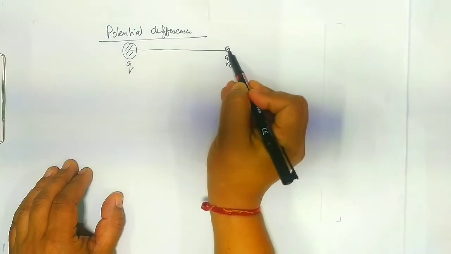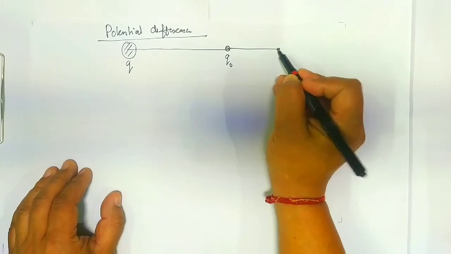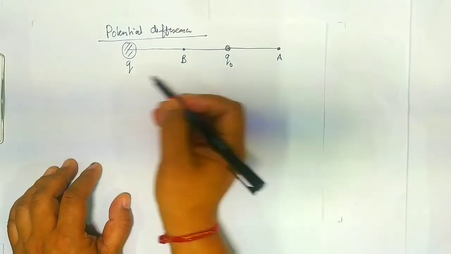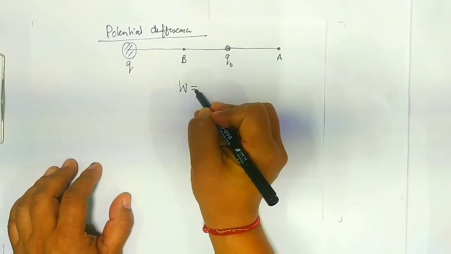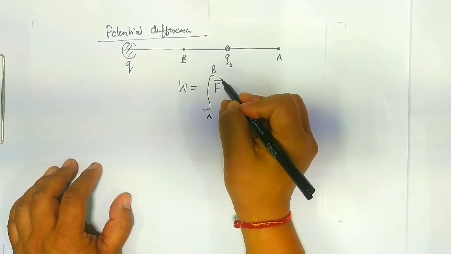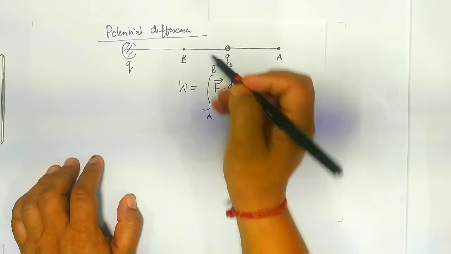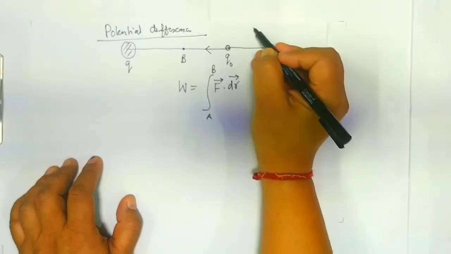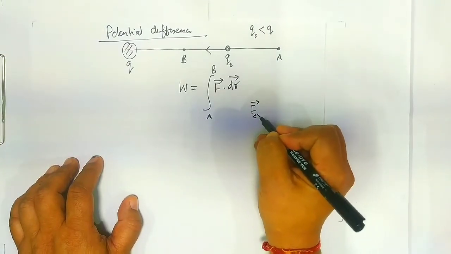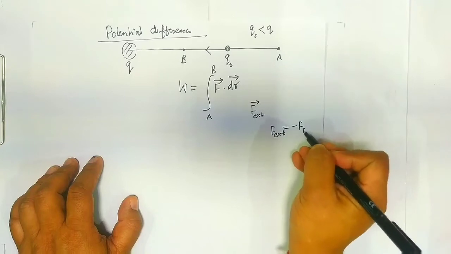It is placed at some point, and this is another point, and we are taking this body from A to B. Remember there is work done, and work done is the integration from A to B of F dot dr. We are taking this charge from this point, and Q naught is less than Q. So this force is basically the external force, and this external force is opposite to the electrostatic force.